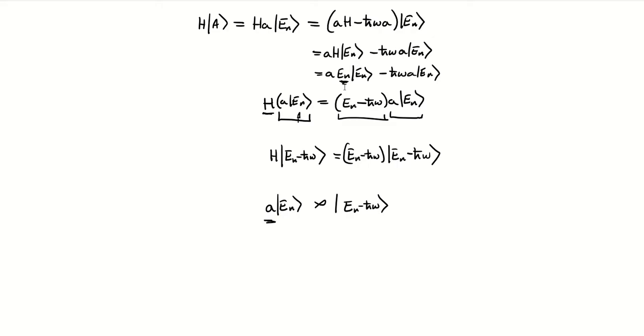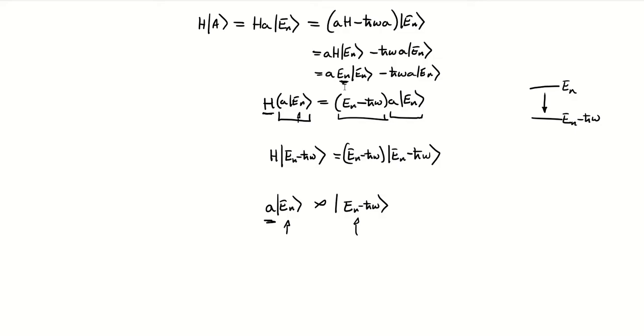If we take the lowering operator and act on an energy eigenstate, what we get is a vector that's proportional to the energy eigenstate that's lower in that spectrum, right? So we have some energy here, we act on that state with the lowering operator, it lowers it to the state E_n minus h bar omega.